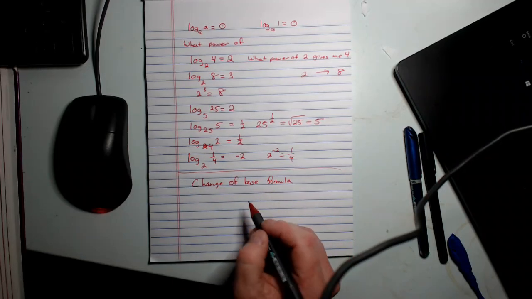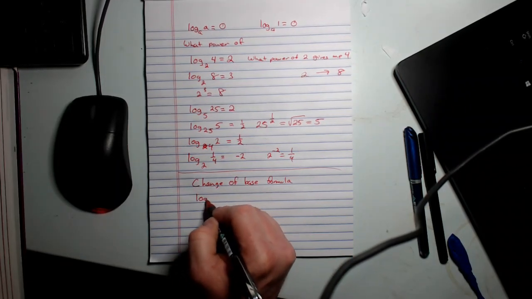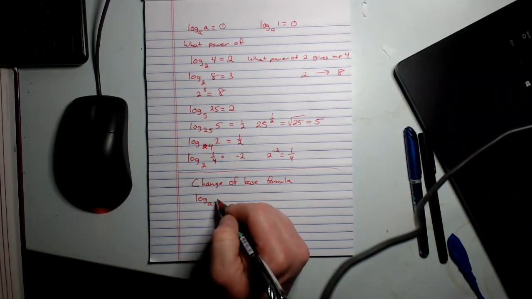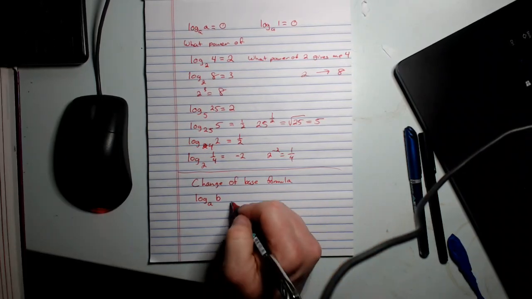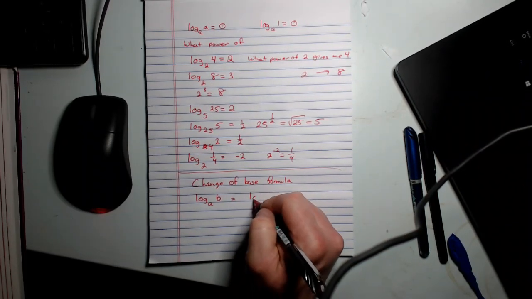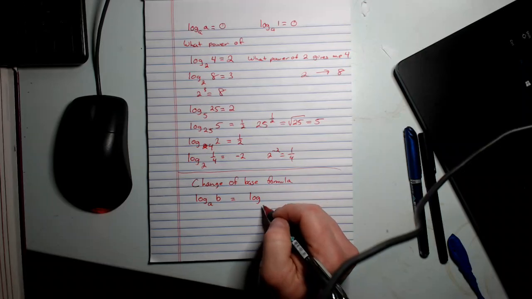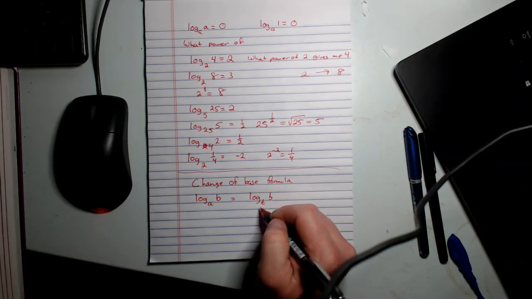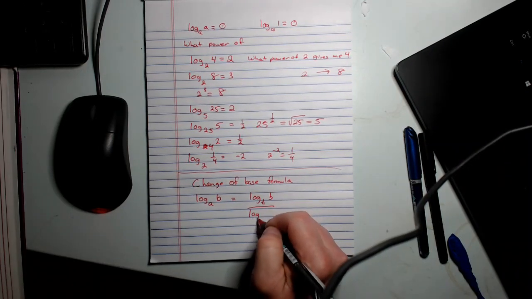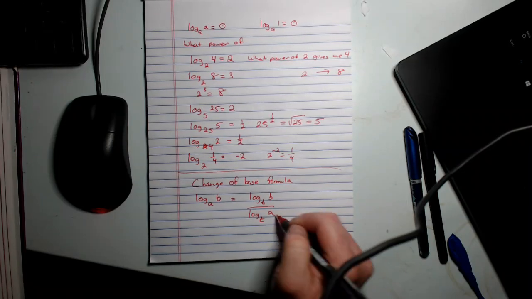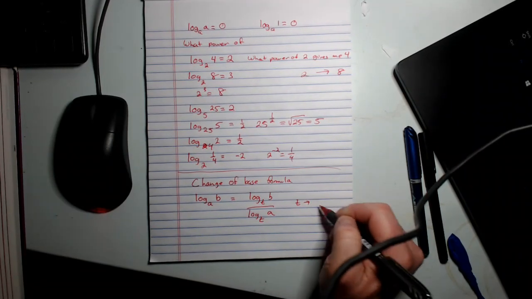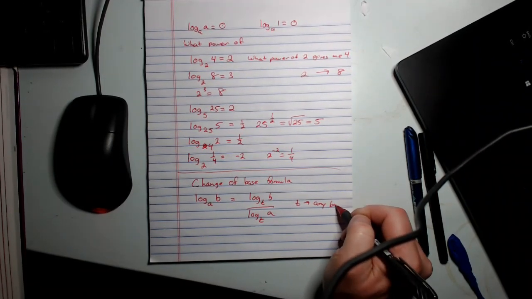The change of base formula says that if you have a log to any base of any number, then you can change that into log base t of b over log base t of a, where t is any base.